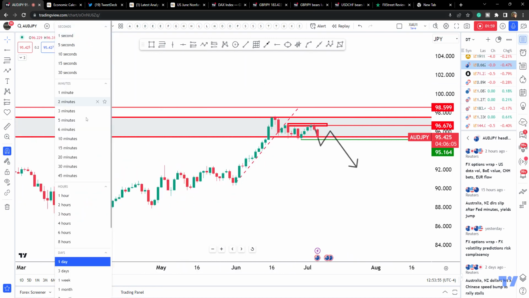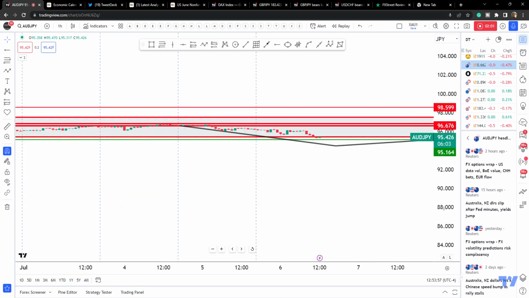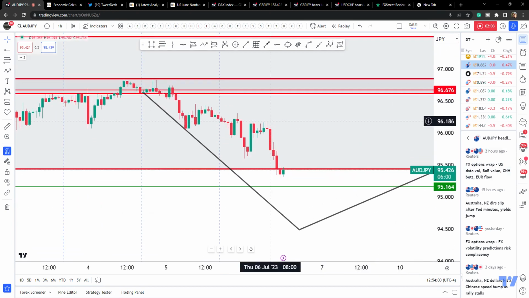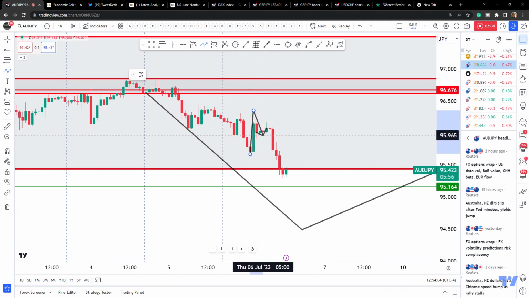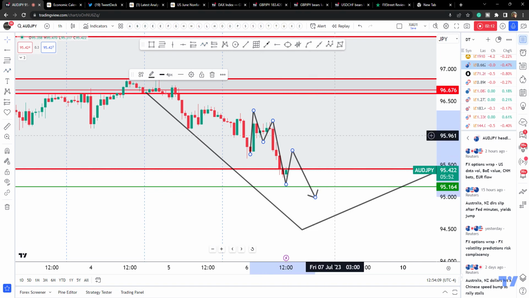And then if we come down to the hourly chart, we have an M formation, a move up to come down could be the scenario.